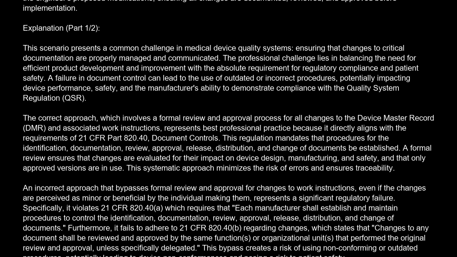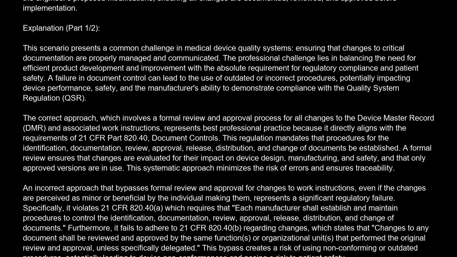This systematic approach minimizes the risk of errors and ensures traceability. An incorrect approach that bypasses formal review and approval for changes to work instructions, even if the changes are perceived as minor or beneficial by the individual making them, represents a significant regulatory failure. Specifically, it violates 21 CFR 820.40(a), which requires that each manufacturer shall establish and maintain procedures to control the identification, documentation, review, approval, release, distribution, and change of documents.